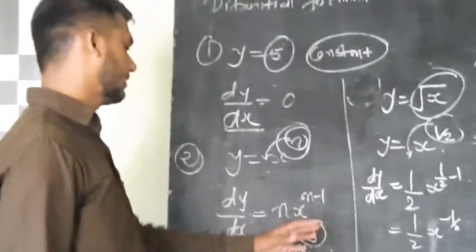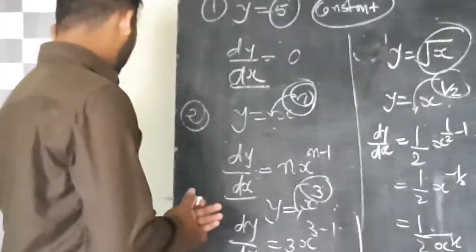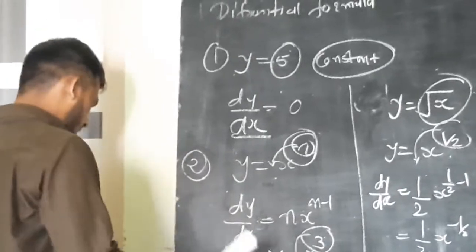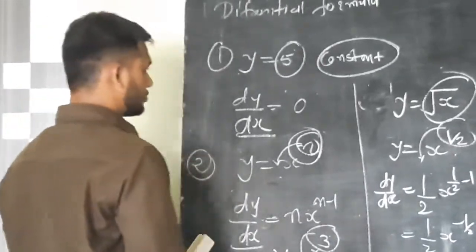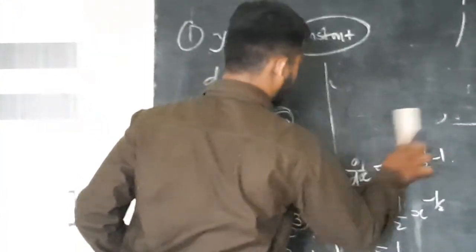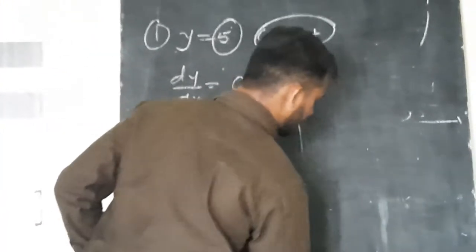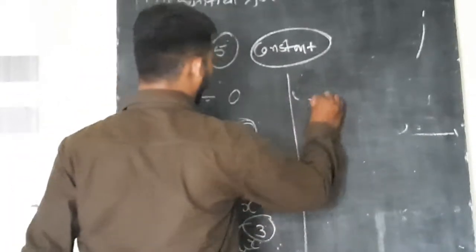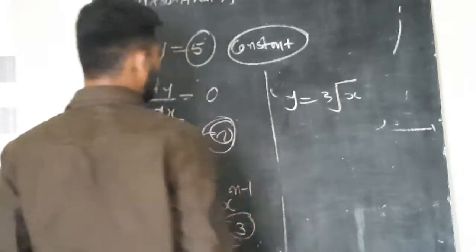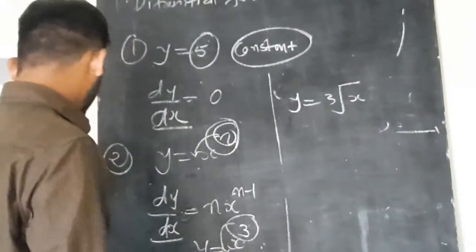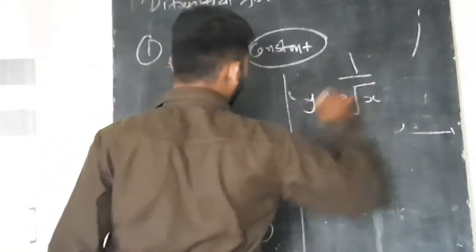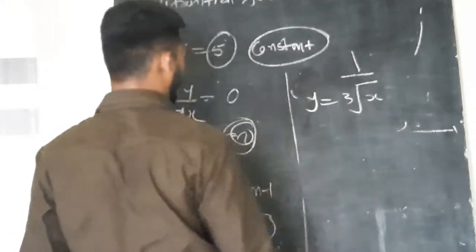Now see here, we have taken another example. Suppose y is equal to the cube root of x, here 3. At that time it will also be similar. Y is equal to 1 upon the cube root of x.